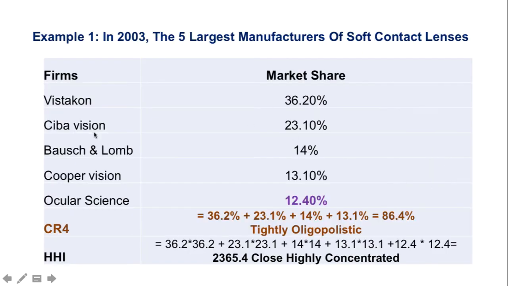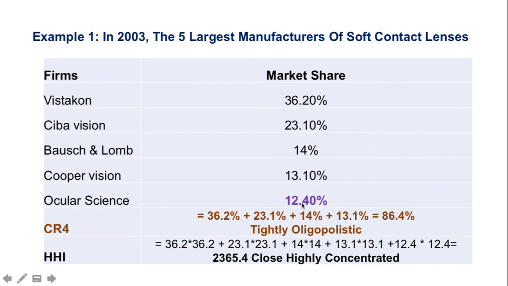So let's look at one example. In 2003, the five largest manufacturers of soft contact lenses had these market shares. So these are the percentages of market share. If we want to use the CR4, we have to sum the four largest market shares.